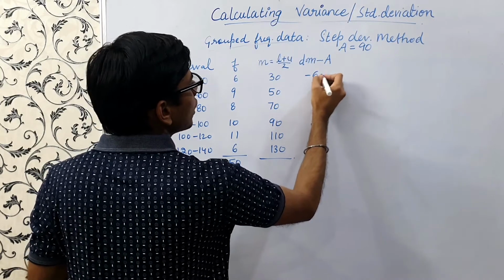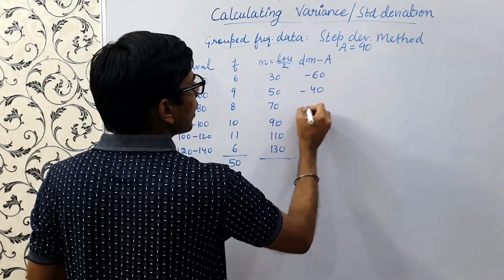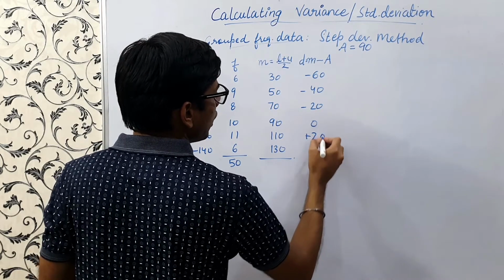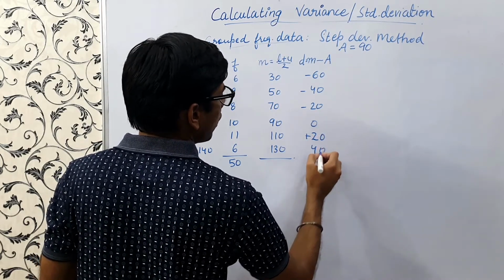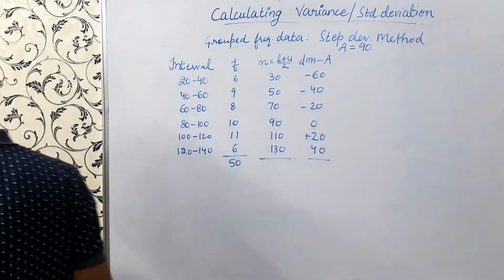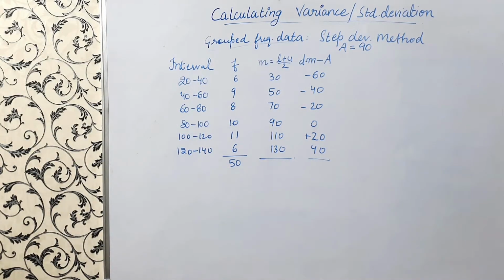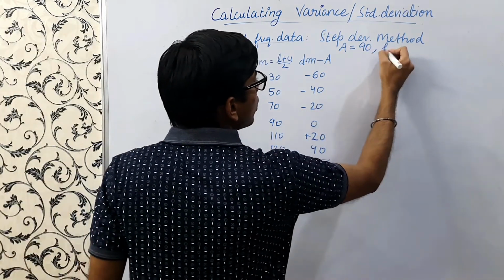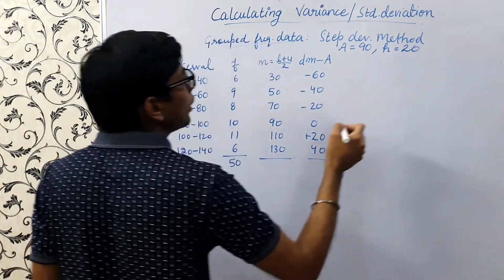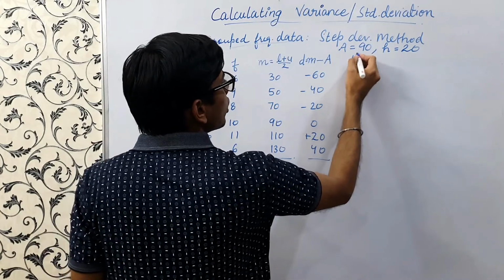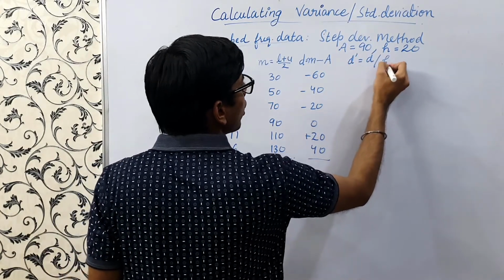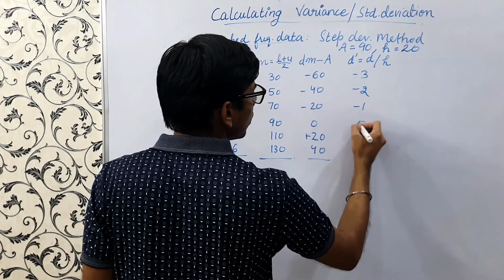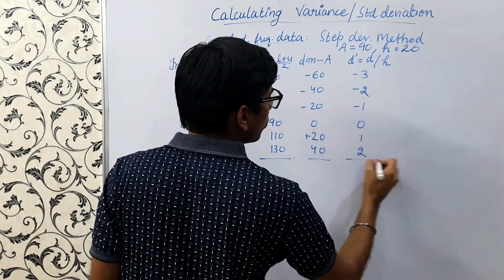Then this is minus 60, minus 40, minus 20, plus 20, and this is 40. And take H to be 20. D dash equals to D by H. Minus 3, minus 2, minus 1, 0, 1, 2.